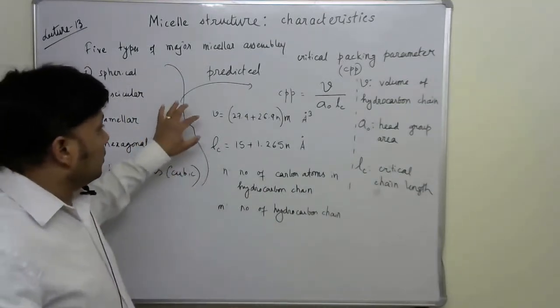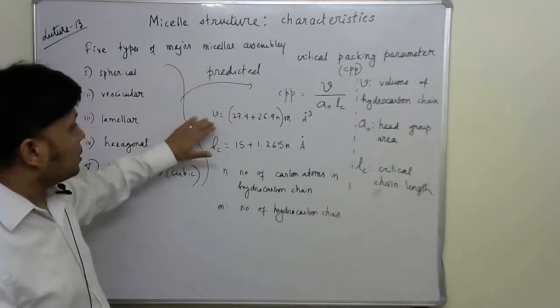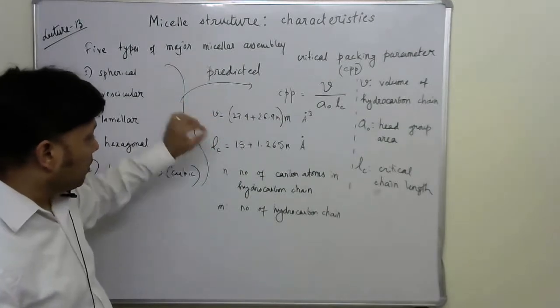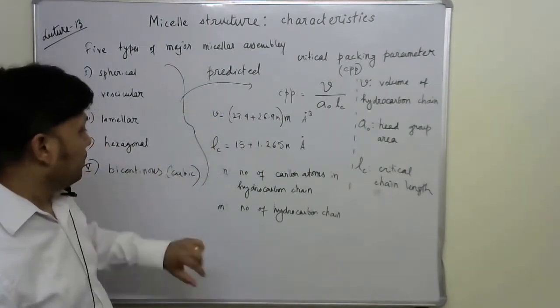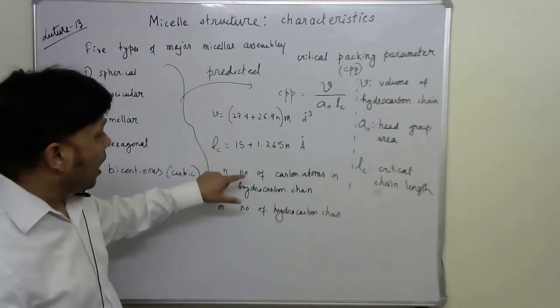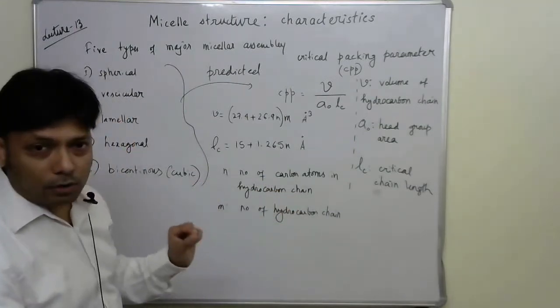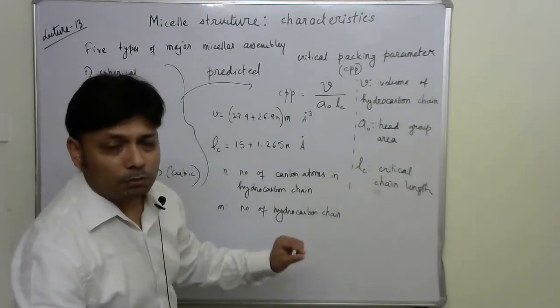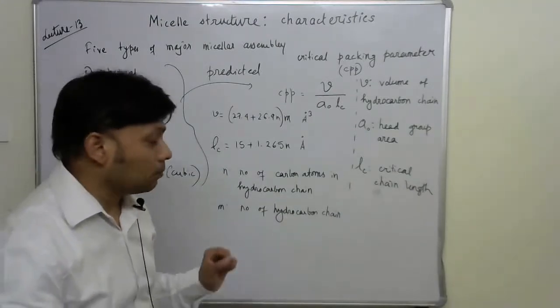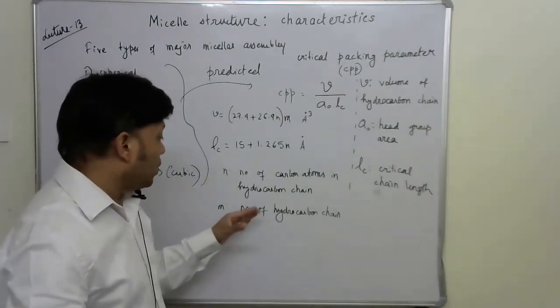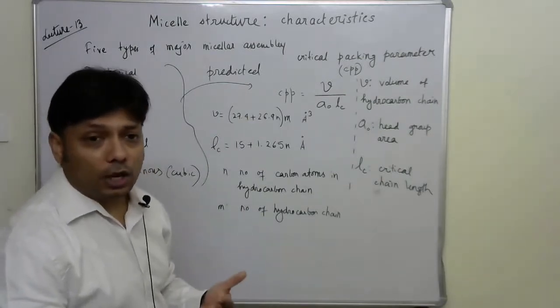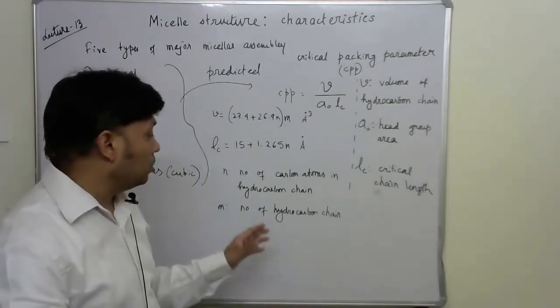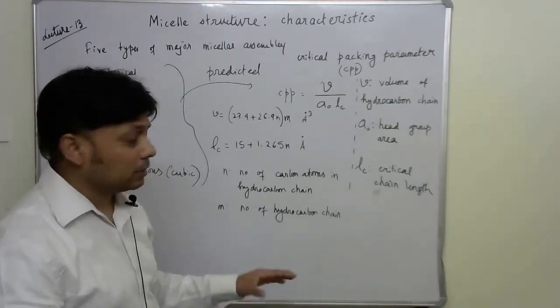And here how V and LC are expressed in terms of N and M is given. N is the number of carbon atoms in a particular hydrocarbon chain, and M is the number of hydrocarbon chains present in the surfactant molecule. Remember, the surfactant molecule may have more than one chain because it could be branched chain, so there could be 2 or 3 chains.